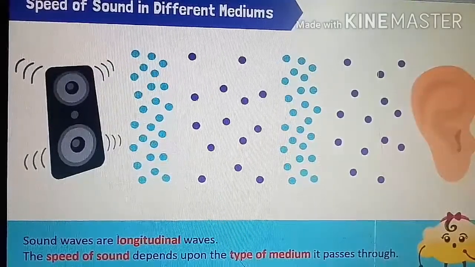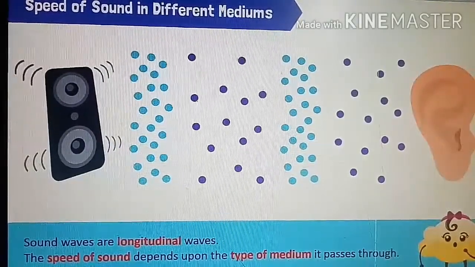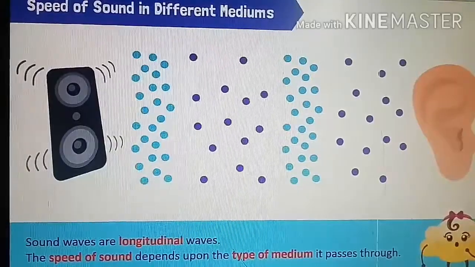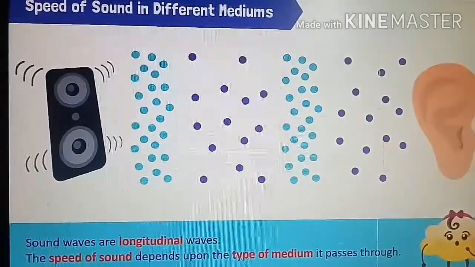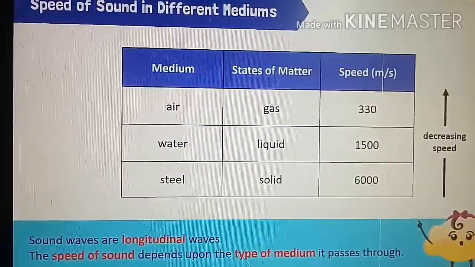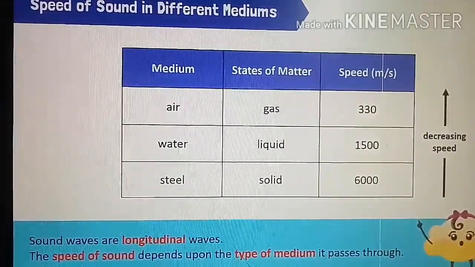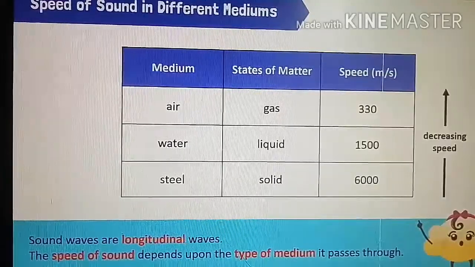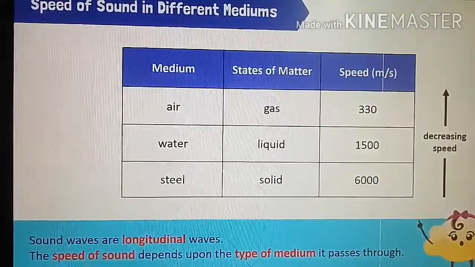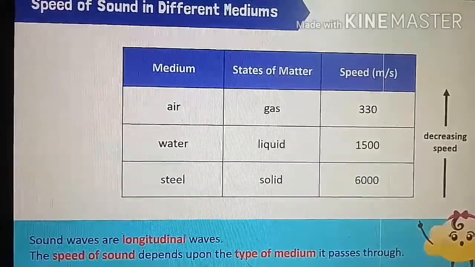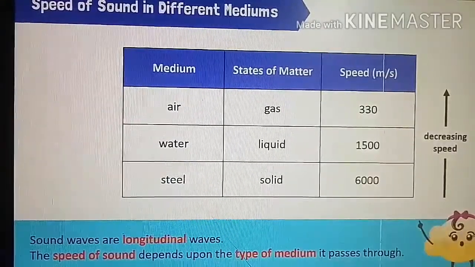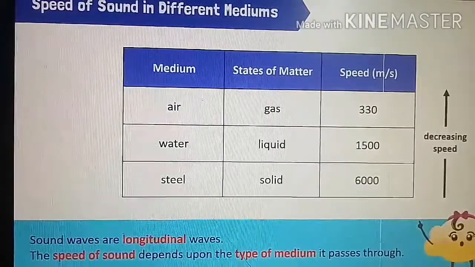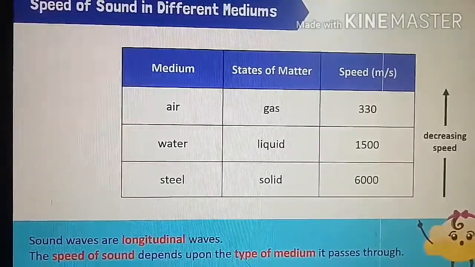In air it is very low, in liquids faster than air, and much faster in solids. Now look at that. In air 330 meter per second, it depends upon the temperature. In water 1500 meter per second, and in steel 6000 meter per second. So look at that, it is very clear from the diagram that the speed is lowest in air, higher in water, and highest in solids.